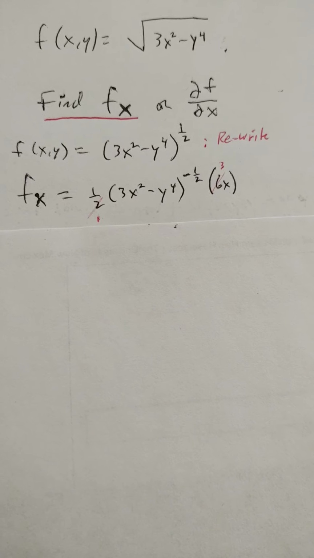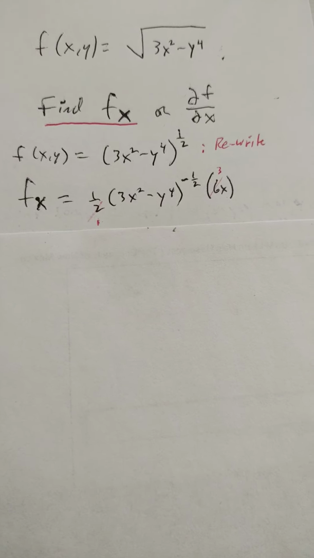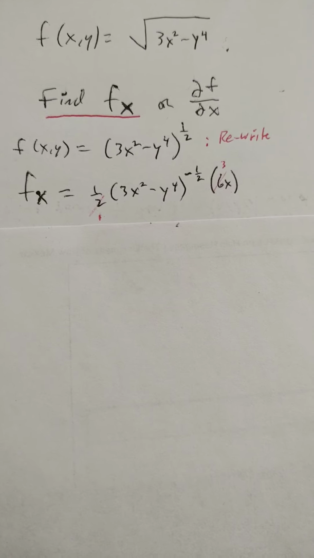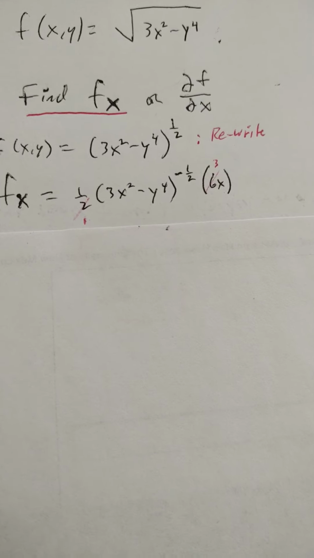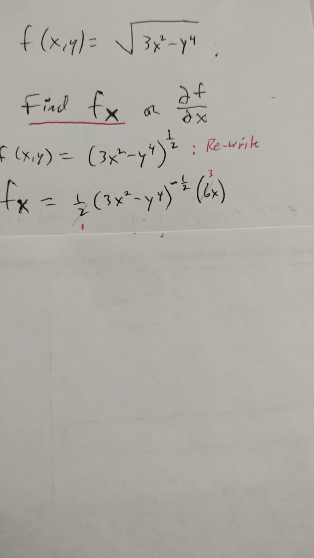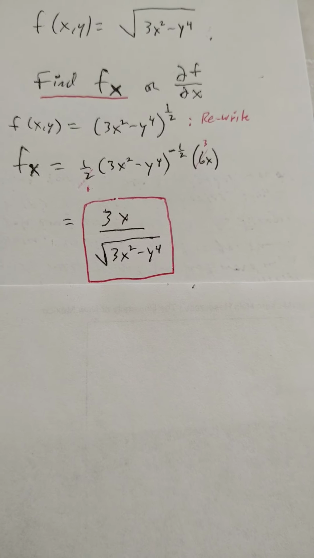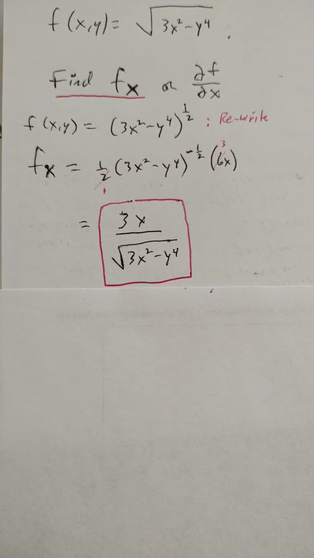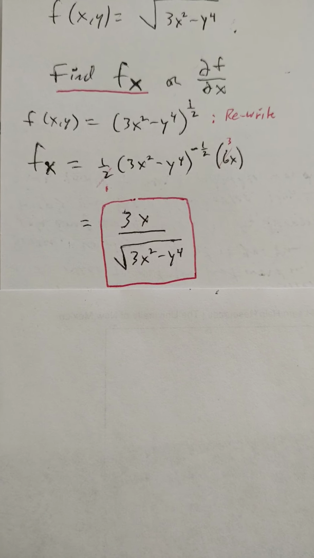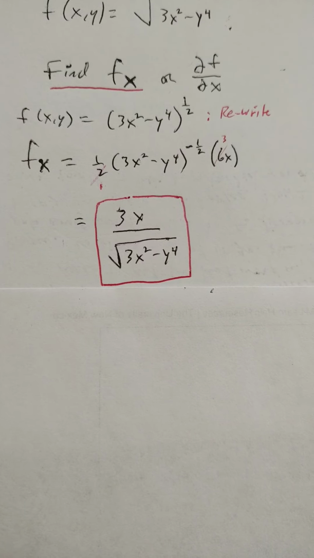It's nice to have the same form. You know, it doesn't hurt to do that because I know sometimes WebAssign is choosy. Okay, so here we go. The 3x is on top, and then below, instead of writing the 3x squared minus y to the fourth to the positive 1/2 means square root.